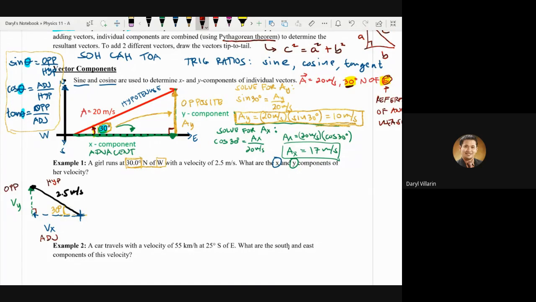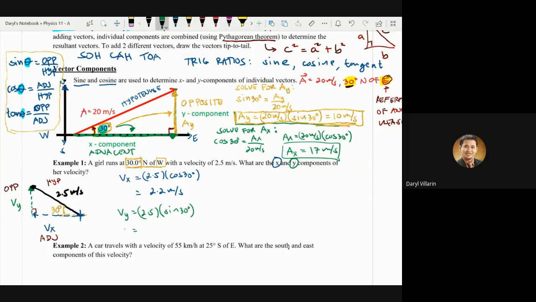Okay? So now, if you want to solve for Vx, Vx is just equivalent to 2.5 multiplied by cosine of 30 degrees. And that gives you 2.2 meters per second. And then for Vy, it is just 2.5 multiplied by sine of 30 degrees.